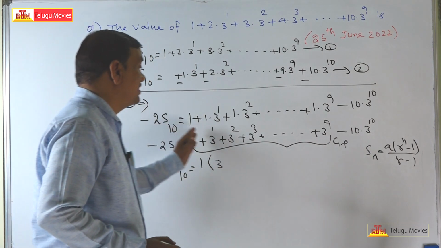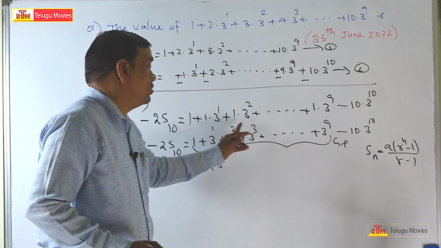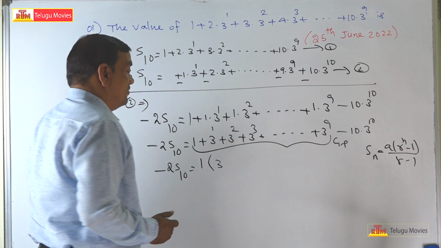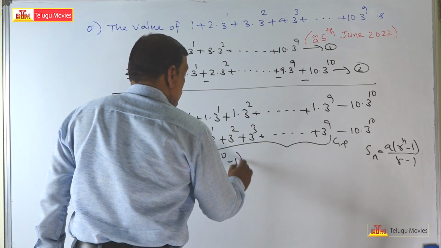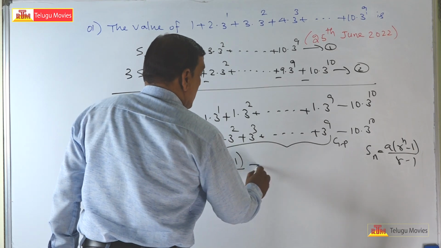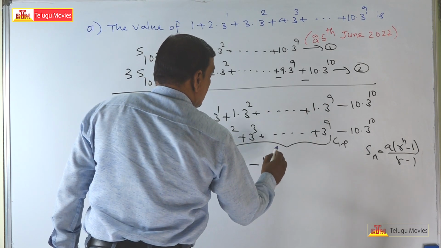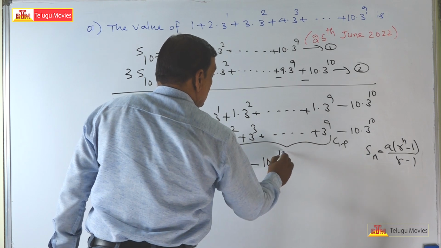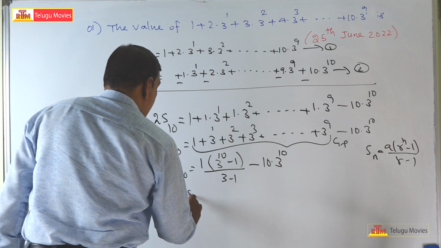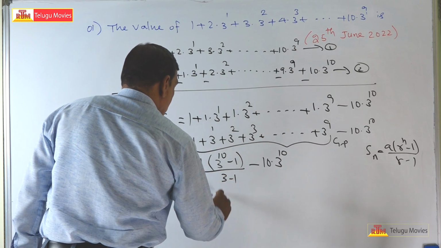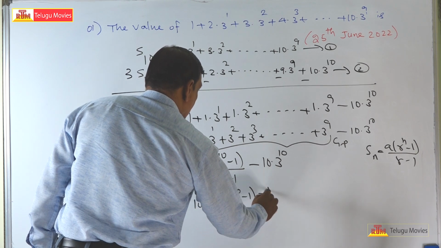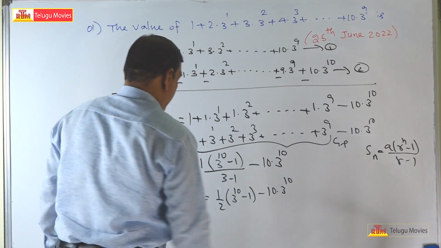How many terms are there? 10 terms: 1, 2, 3, 4 up to 9 and one more term, 1 plus 9. So minus 2 times S10 is equal to 1 by 2 into (3 power 10 minus 1), minus 10 into 3 power 10.